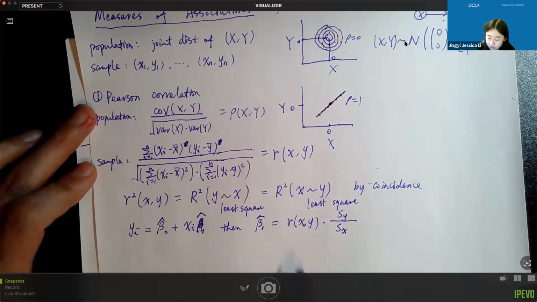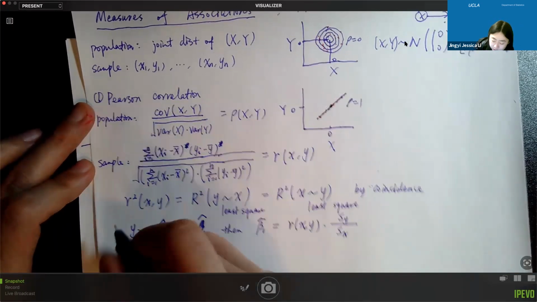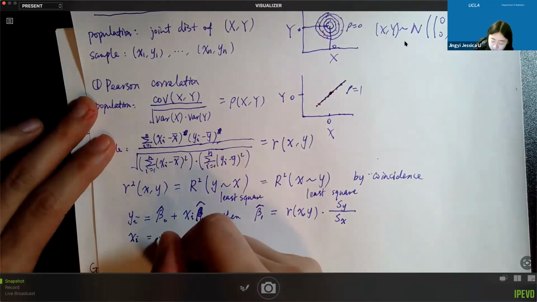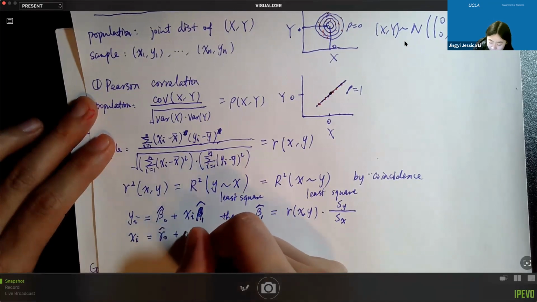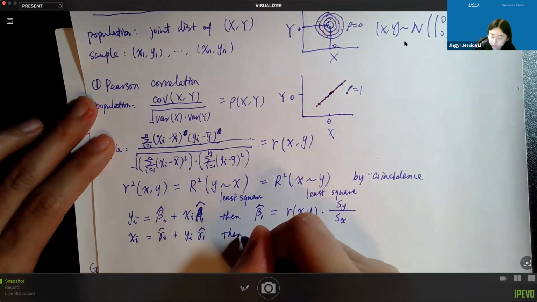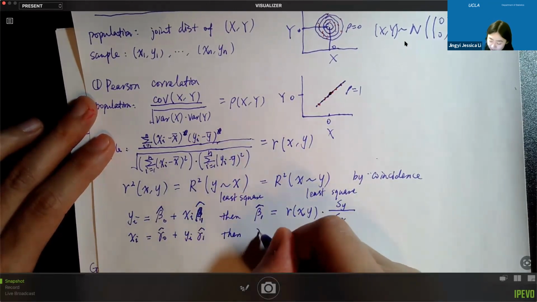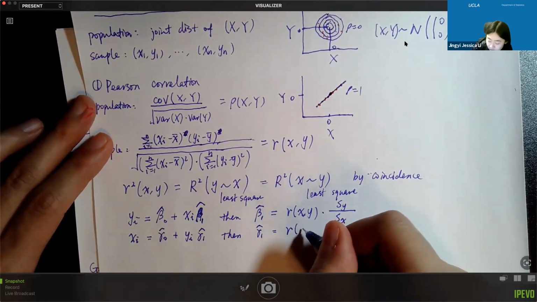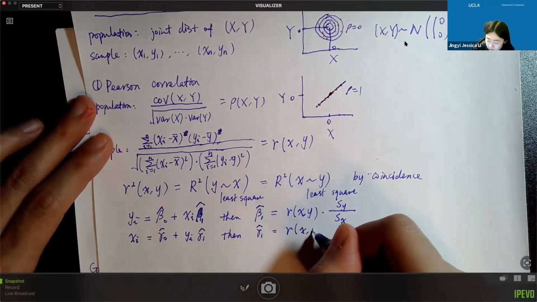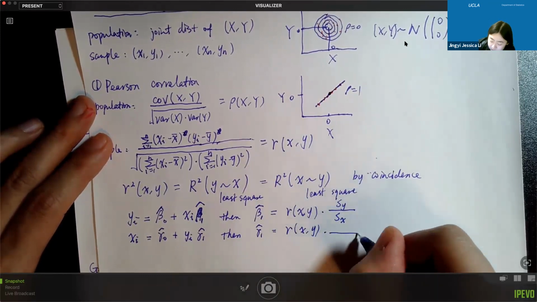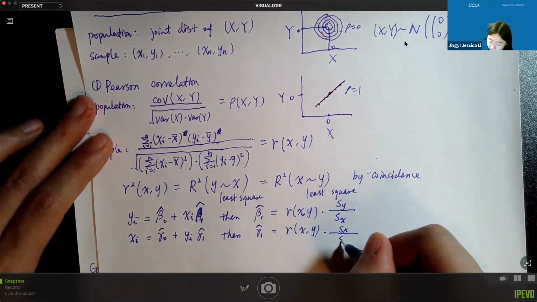But if you think of the other way around, if I write xi equals gamma 0 hat plus yi gamma 1 hat by least square, then gamma 1 hat would be equal to the Pearson correlation, of course, because it's symmetric. So it's still the same correlation, but now it's Sx divided by Sy.